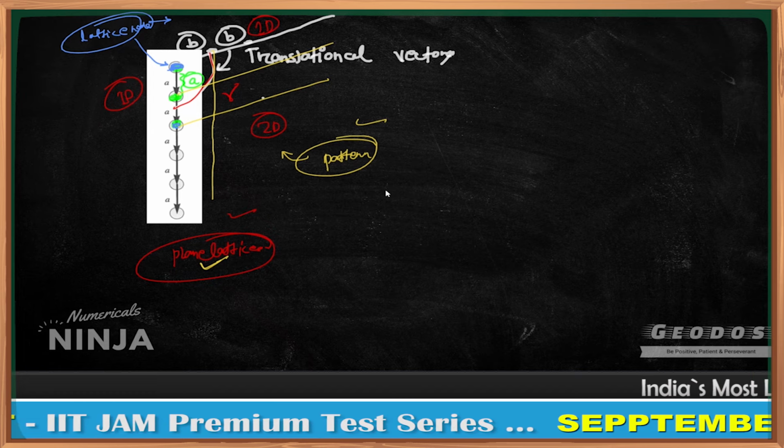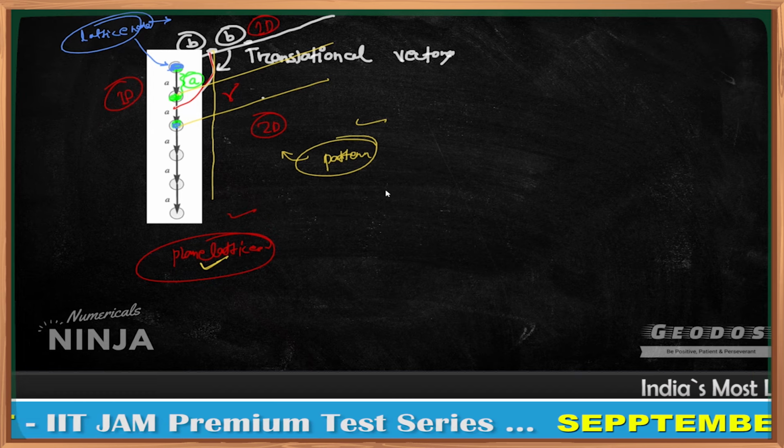Now we just have to see the different types of plane lattices. Remember, from those I will extract the numericals. You will be surprised how numericals can come from these things.